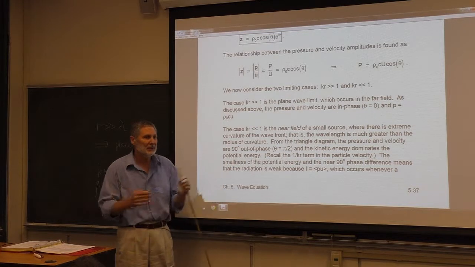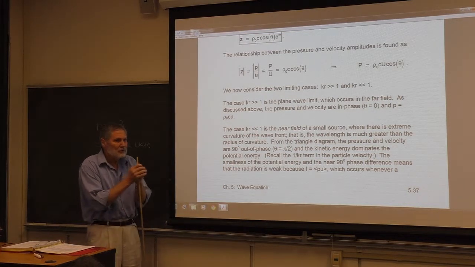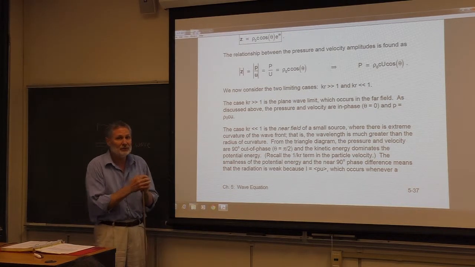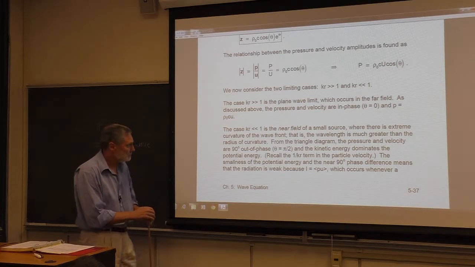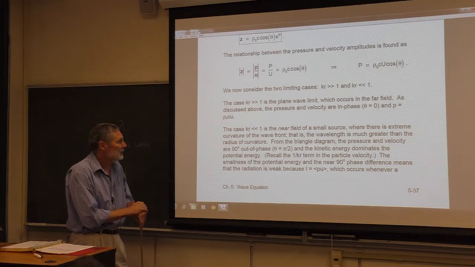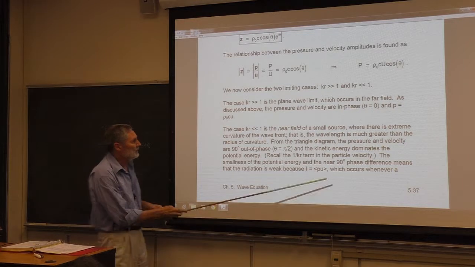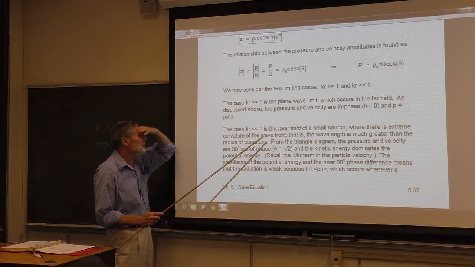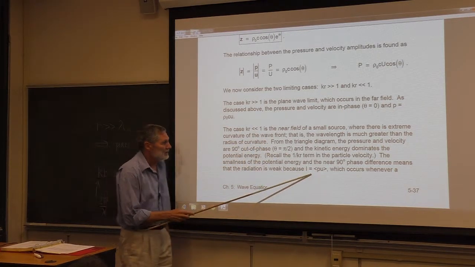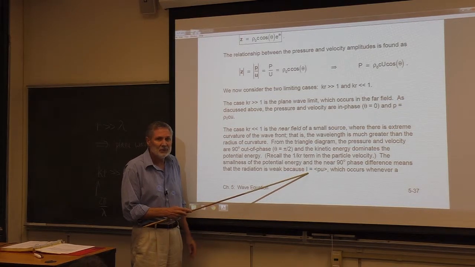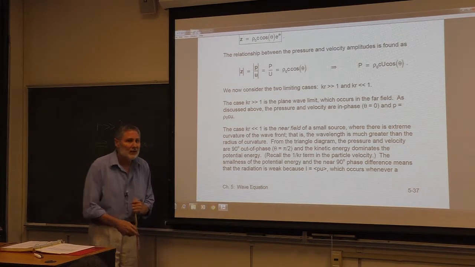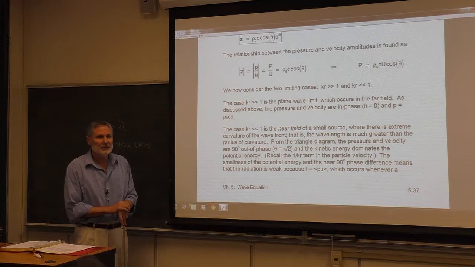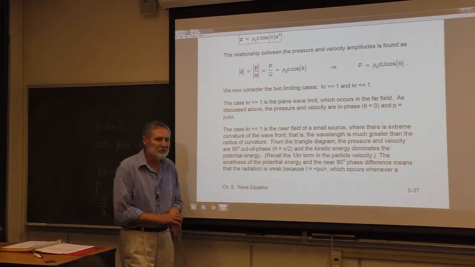So the source is not big here. We have this small source, small relative to a wavelength, okay? And it's emitting sound. And we find here that the intensity is very small. A small radiator is a poor radiator. Have you ever heard this before? Or something similar? It's true. It's true for all waves.